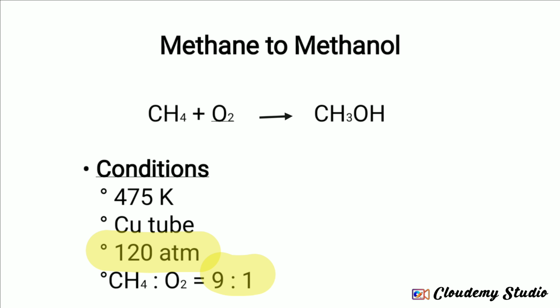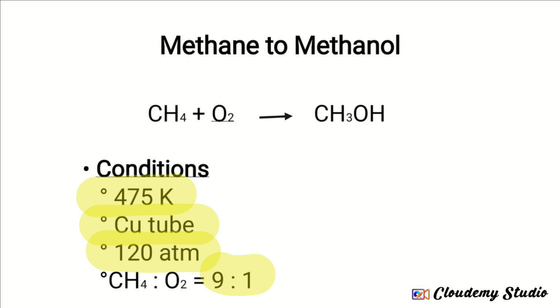So after compressing the methane and oxygen in the ratio 9:1 to 120 atmosphere, that mixture of gases we need to pass over a copper tube. When it is passed through the copper tube, the temperature has to be 475 Kelvin.